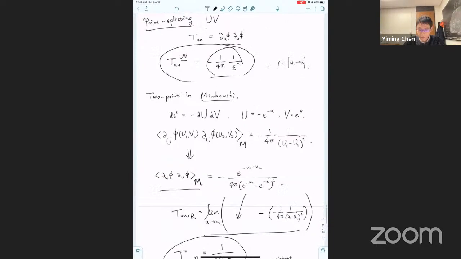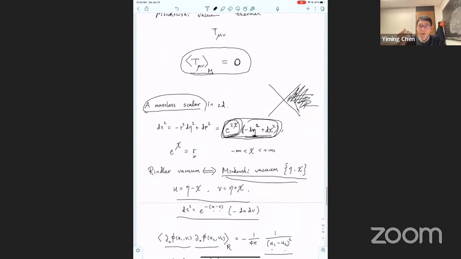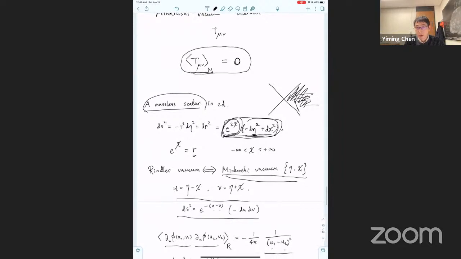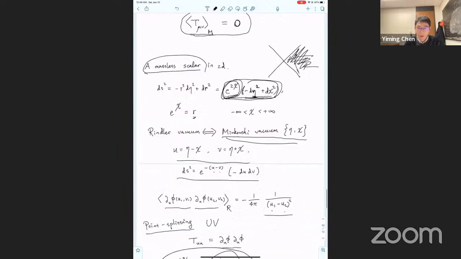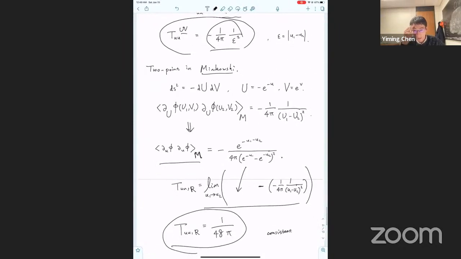Although the stress tensor doesn't change under a coordinate transformation, it does change under a conformal transformation, and you can derive it using the conformal anomaly. So you get the same answer. But I think physically it's the same as the so-called point splitting method. But maybe you are thinking about some other ways of regulating it. I'm not sure.